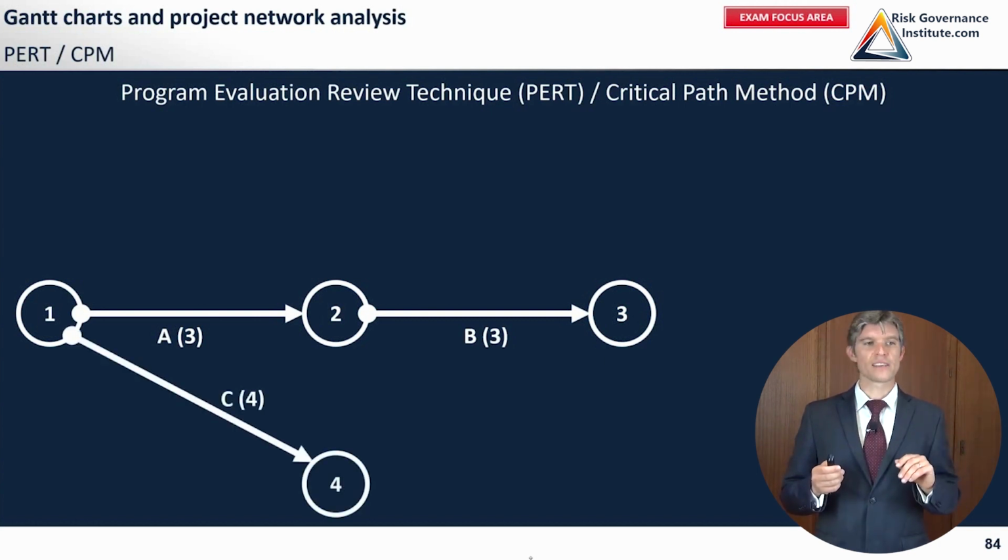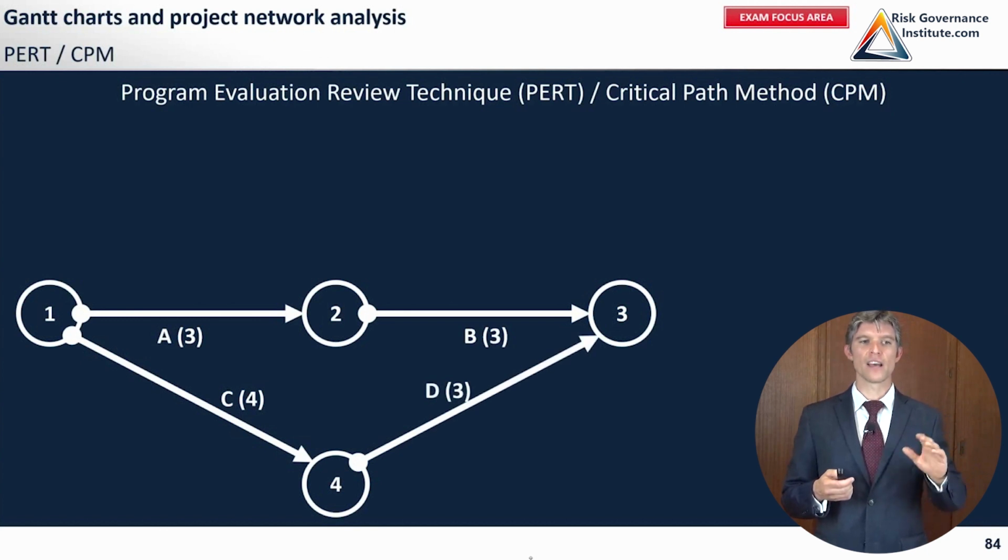Now, we're going to add a bit of complexity here. We have another point 4. This is something we're trying to accomplish, to get to point 4. It's going to take 4 weeks. And finally, we have another path D, which lasts for 3 and is going to get us to point 3 as well.